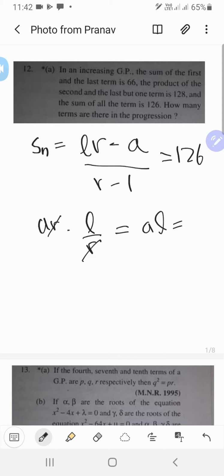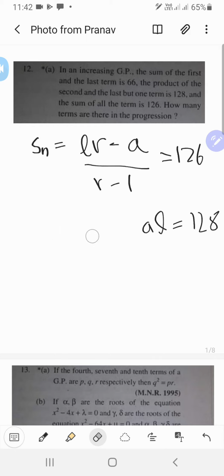The product of the second and last but one term is 128, so A times L is going to be equal to 128. Hopefully we'll be able to find some relation between A and R easily.